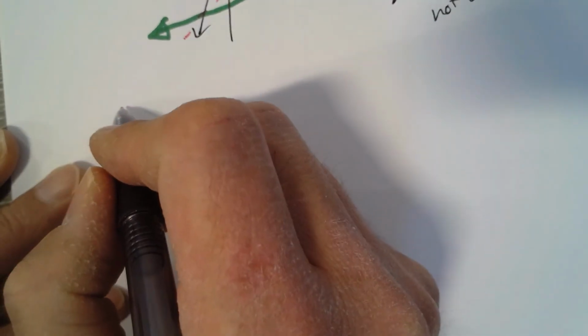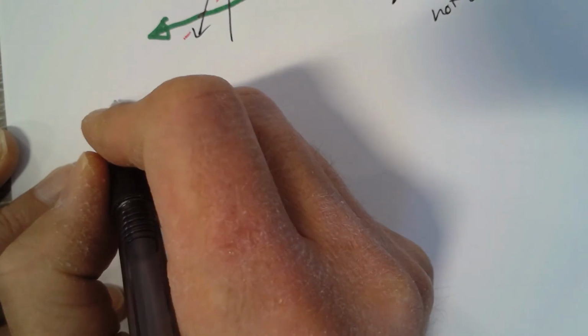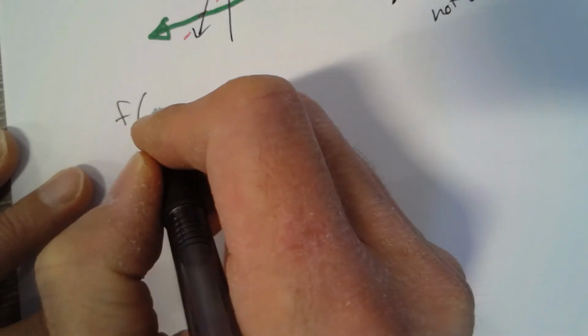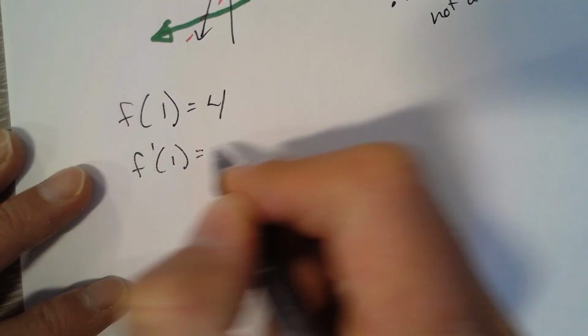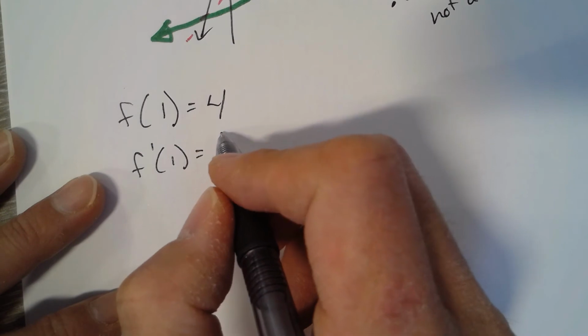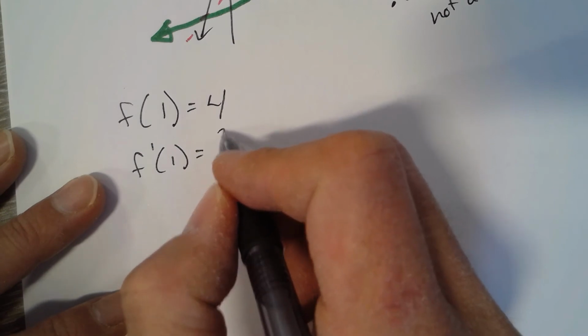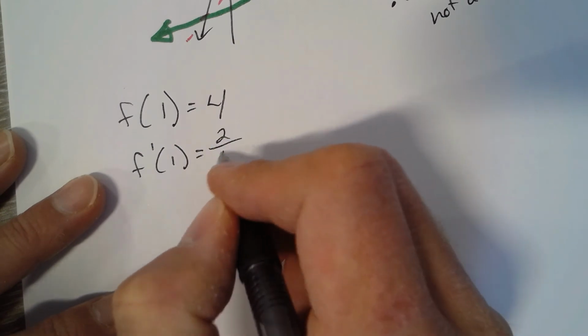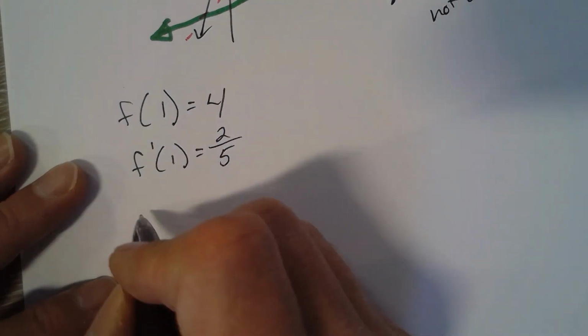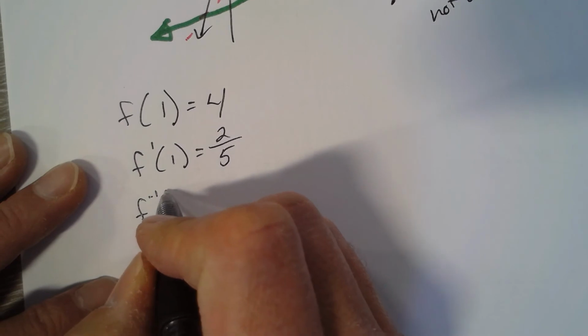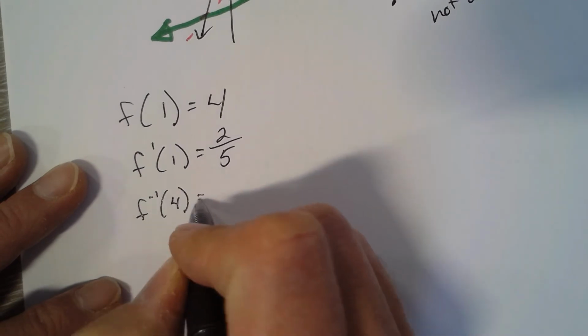If I know that, let's say f of 1 equals 4 and f prime of 1 equals, we'll say 2/5. Okay, what is f inverse of 4?